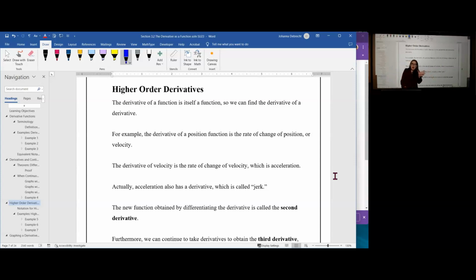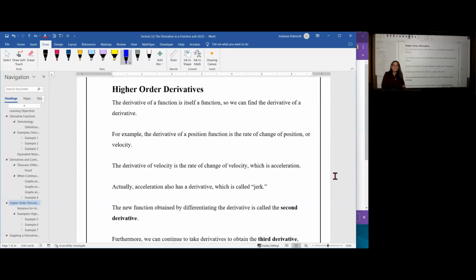The way the position is changing with respect to time. However, it makes sense that the rate of change of velocity would then be the acceleration, which would be the rate of change of miles per hour with respect to time again, or miles per hour squared. But that means that the acceleration is the second derivative of position.